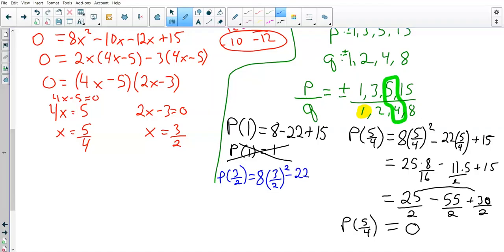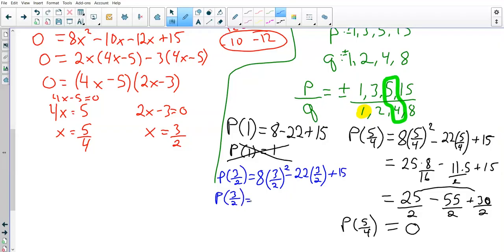When we have higher degree polynomials, that's what we have to do. We use the rational root theorem to find a whole bunch of potential factors, and then we test which one of them is going to actually work. Then I can use synthetic division to divide the function down to something that I can factor.